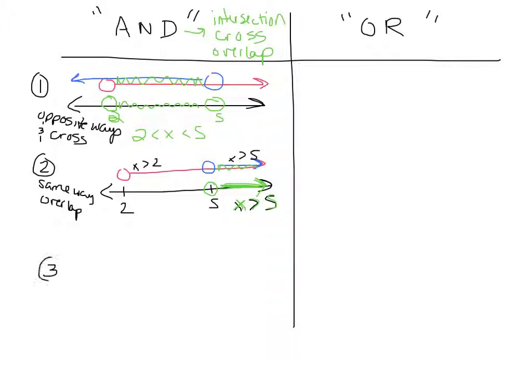The third solution possibility is that there are no solutions whatsoever. Okay, and this is when they have opposite ways. The graphs face opposite ways, and it does not cross.